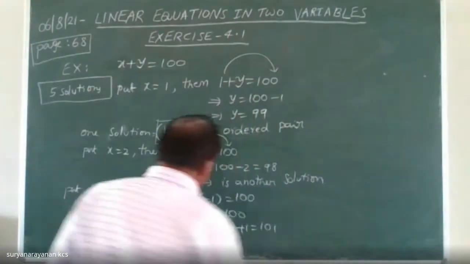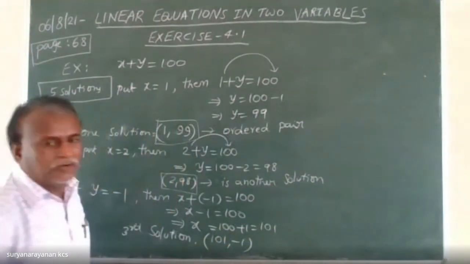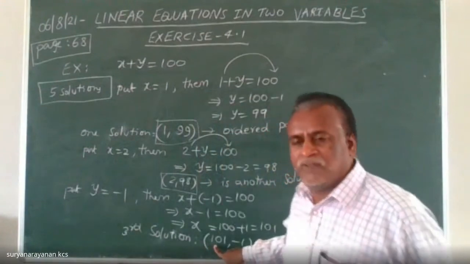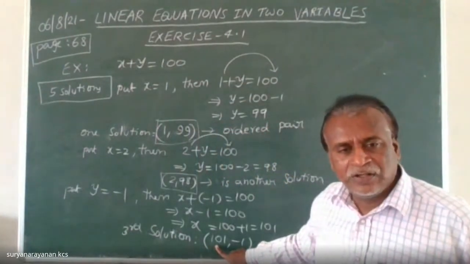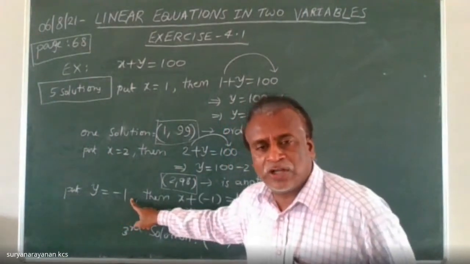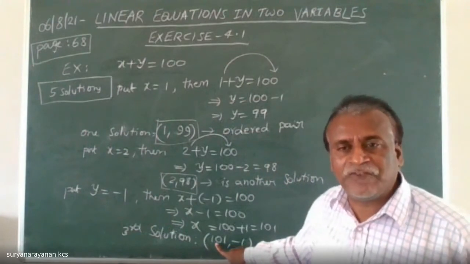Yes, very good. What is the x value here? 101 comma the y value. Previously also I told you, the first number is always the value of x. Sir, we have taken y equal to minus 1 first. So don't write minus 1 first here in the ordered pair.